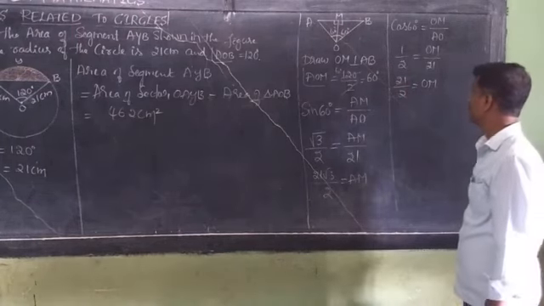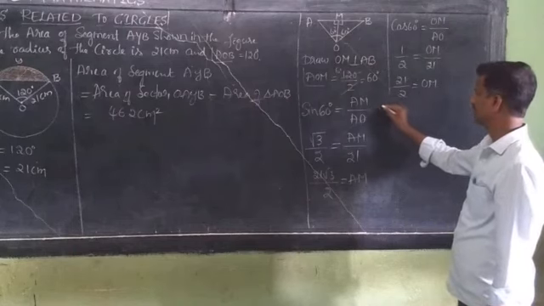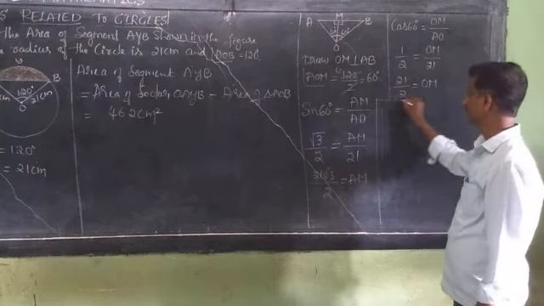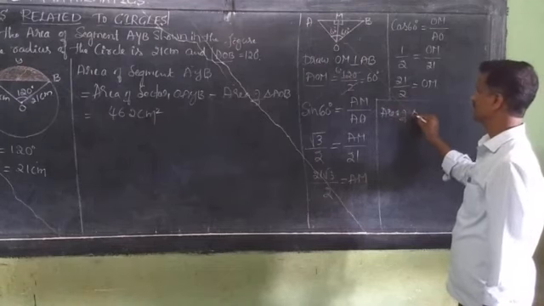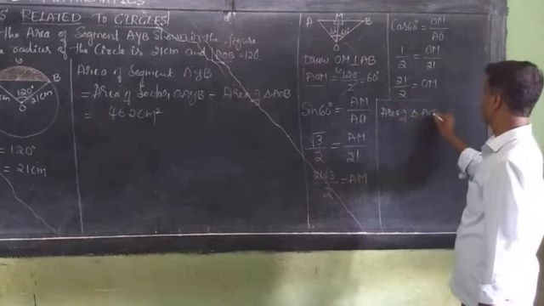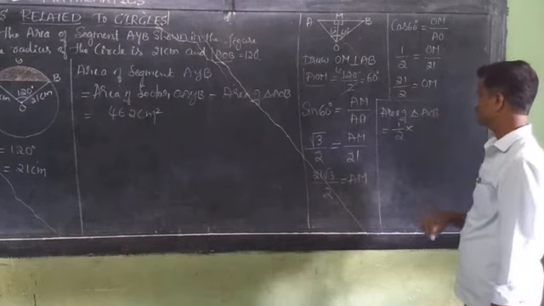Okay. Now we have to find the area of triangle AOB, which is half into base.